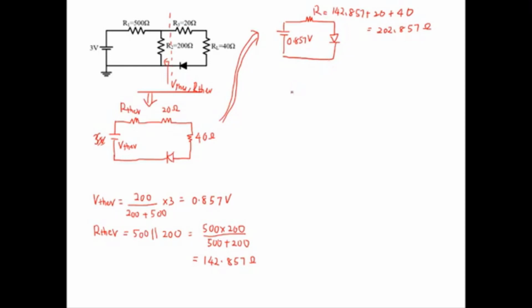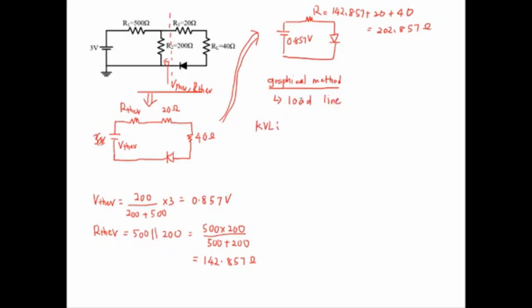After this, in order to solve for the operating point, you want to use the graphical method. For the graphical method, you need to draw what we call the load line. The load line can be drawn by using the equation derived from the KVL.